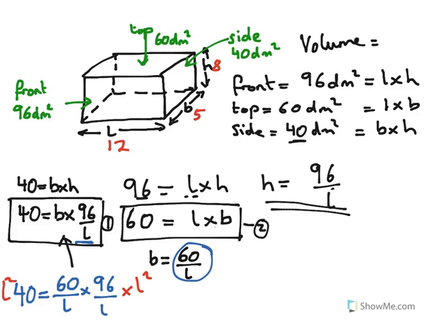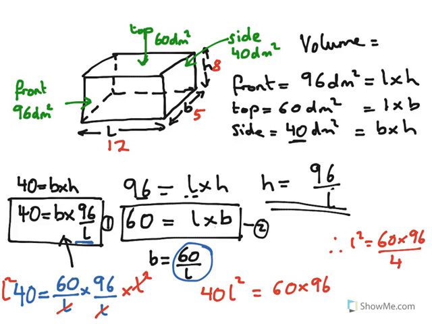Why would I do that? Well, it will get rid of these two L's down here, because L times L is L squared. And it would give me 40 lots of L squared is the same as 60 times 96. And now to get L squared by itself, L squared is going to be 60 times 96 divided by 40. And we can cheat a little bit here and use our calculators. 60 times 96 divided by 40 gives us that L squared equals 144 decimeters squared.